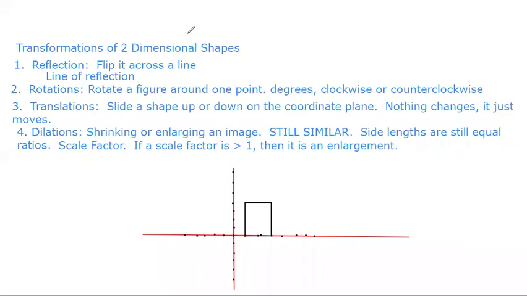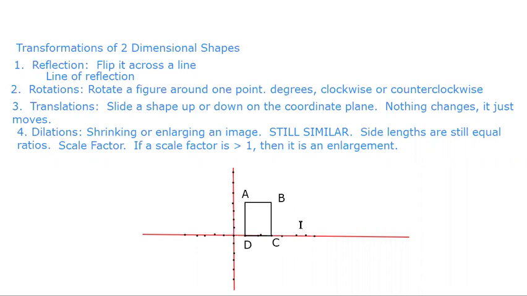But let's look at the vertices of this square. So we have point A, B, C, and D. We're going to first talk about a reflection.